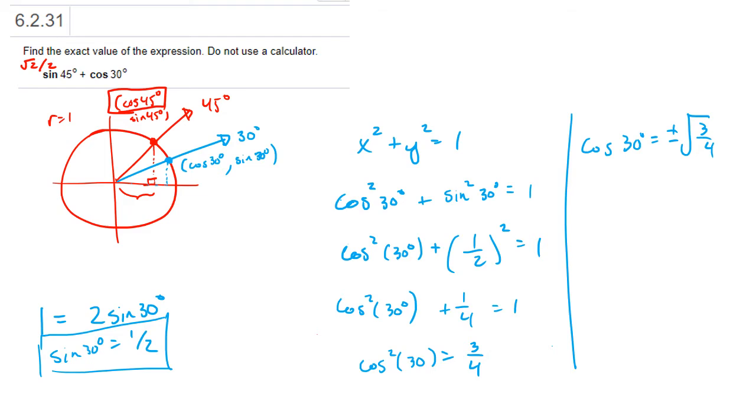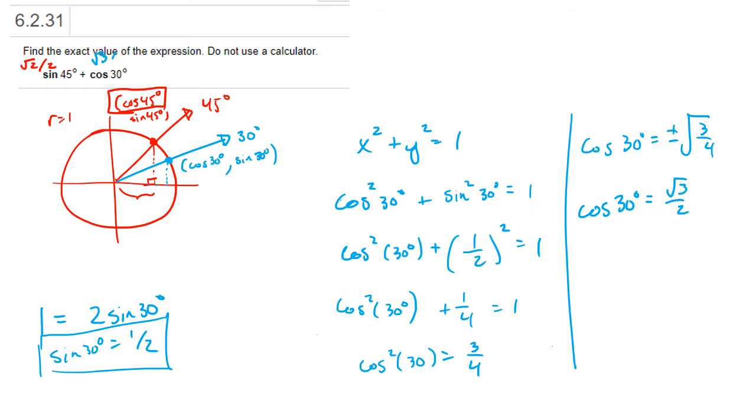Once again, to distinguish whether I want plus or minus, I ask what quadrant am I in? In the first quadrant, cosine of 30 degrees, this x-coordinate is positive. So I want the positive square root here, and I say the cosine of 30 degrees is positive root 3 over 2.